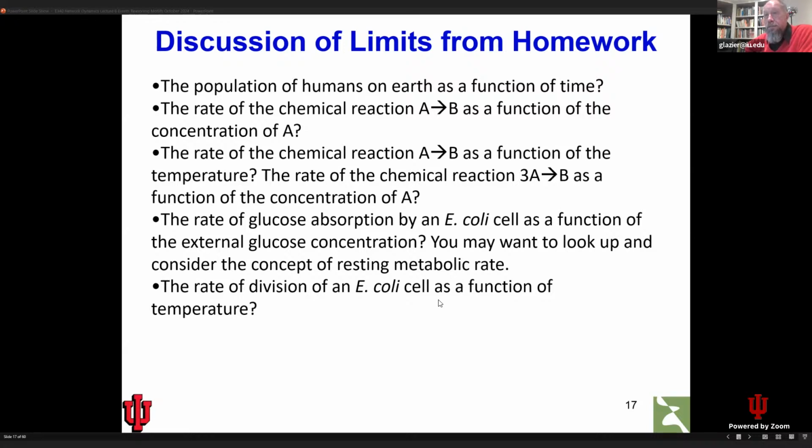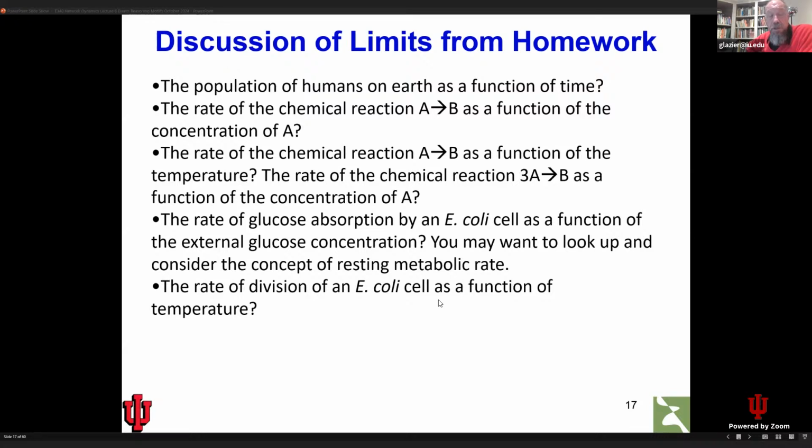But in reality, what's going to happen is actually pretty complicated. If the concentration of glucose outside the cell is very, very low, the transporters may not work, and the cell may not be able to take up the glucose at all.